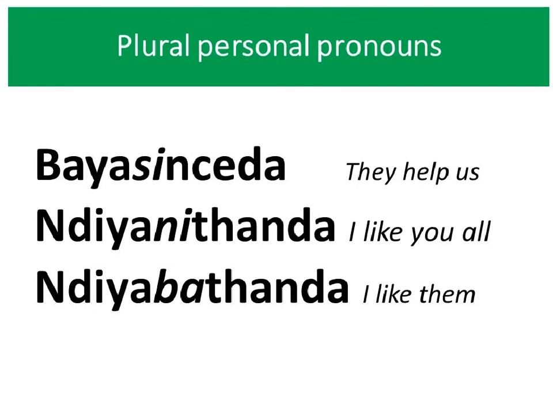If we want to say I like you all, for example, if you're addressing your class, ndiyathanda again is I like, ndiyanithanda means I like you all. And lastly, when you want to say I like them, ndiyathanda I like, ndiyabathanda I like them.